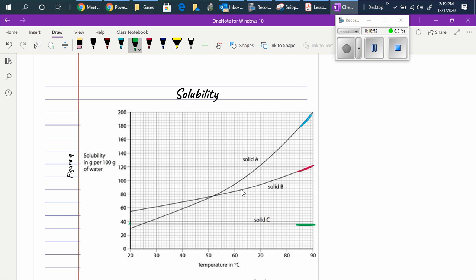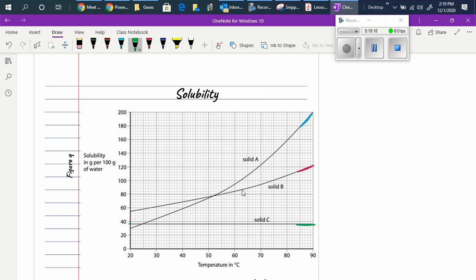You will add 38 grams of solid C into 100 grams of water, and with an increase of the temperature this will not change. But when we take a look at A and B, we will notice that the solubility changes as the temperature is increased.